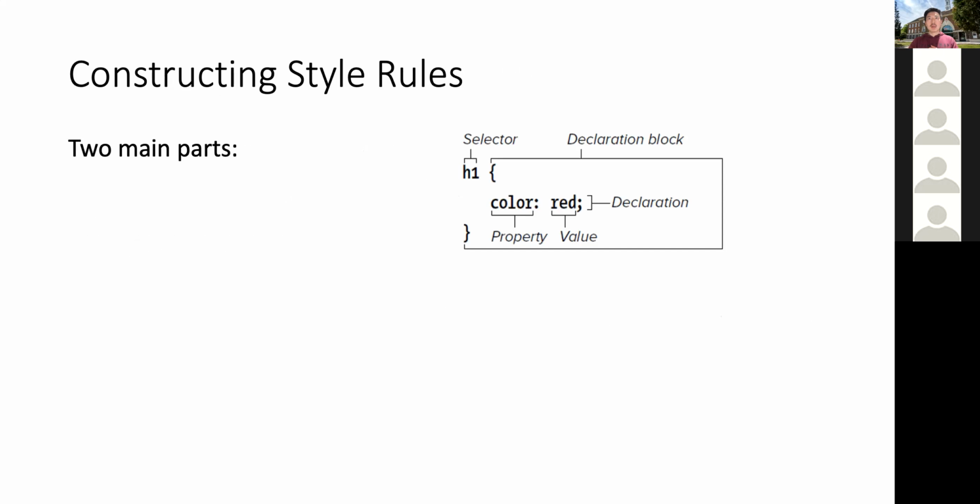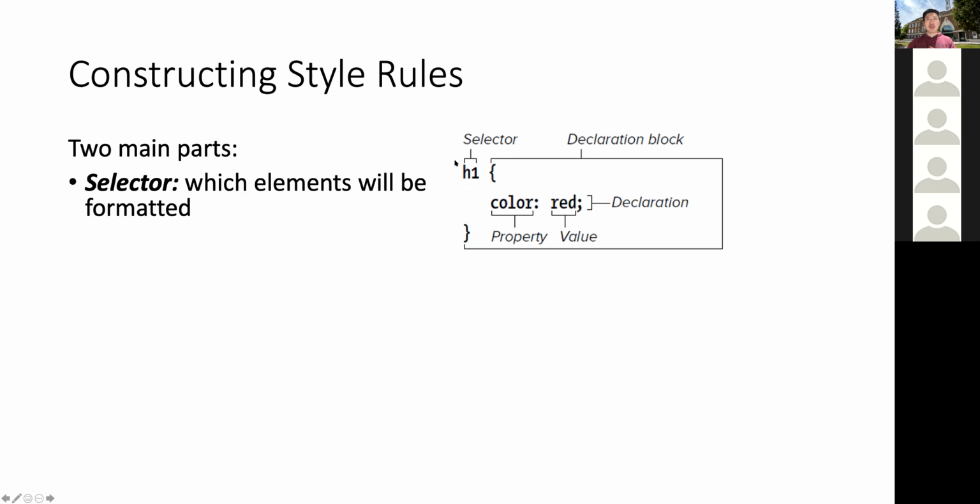So first, you need to tell the browser which part you want to change, and this is called the selector. In this case, the H1 will be the selector that tells the browser, okay, I want to change the formatting or the appearance of my level 1 headings. So this will apply to all the H1 on your page. If you have more than one, they are going to change.